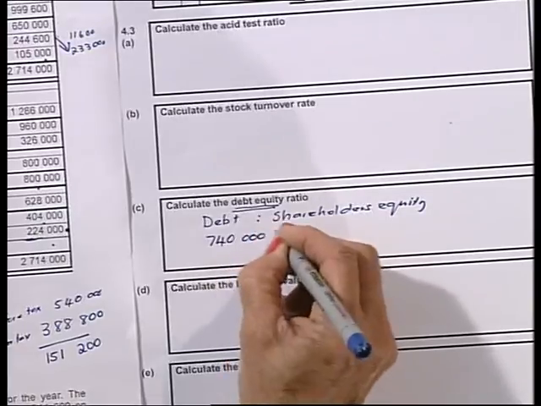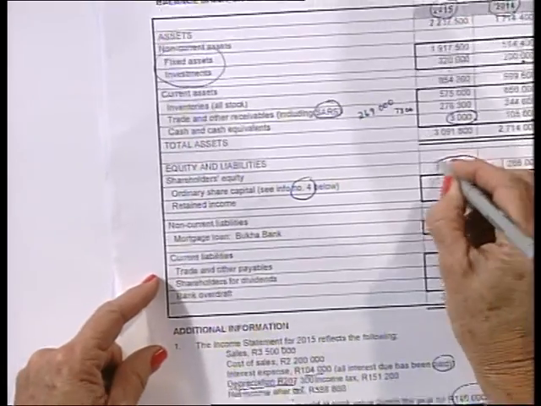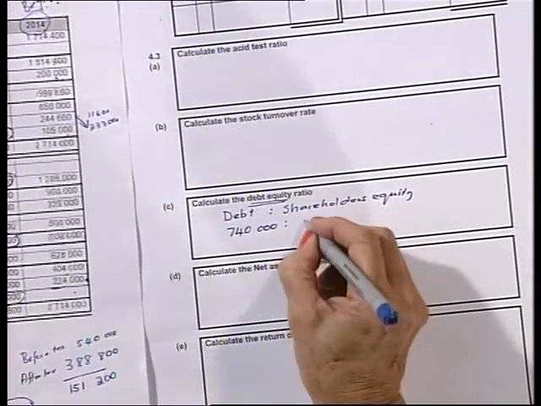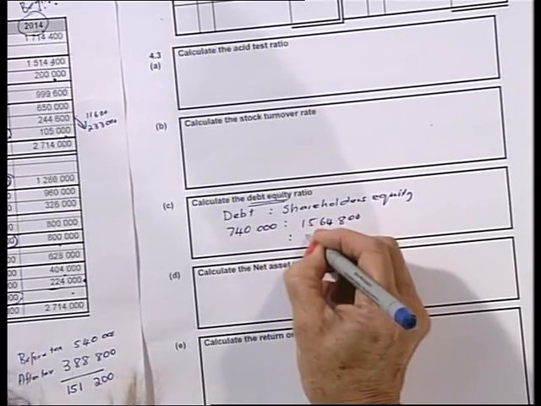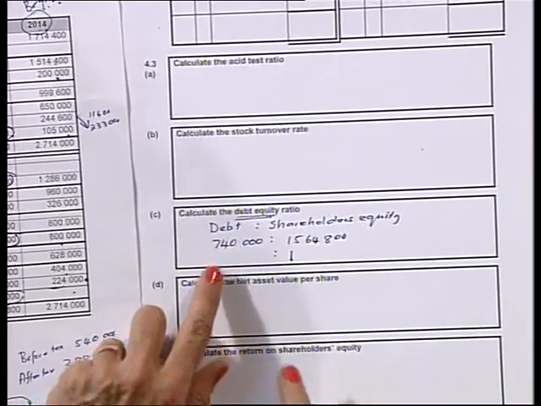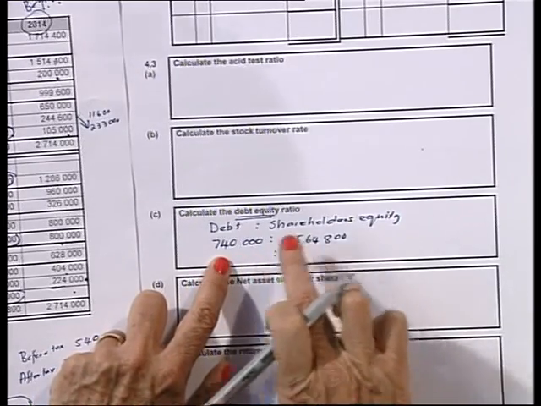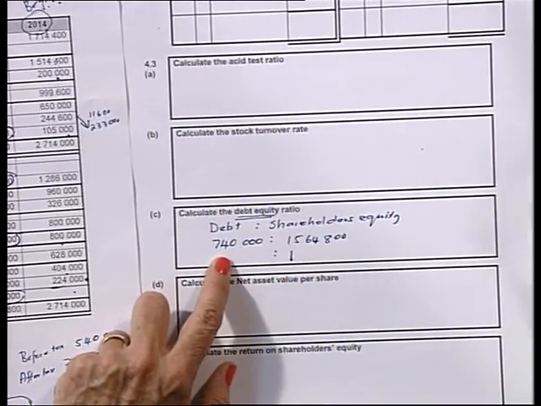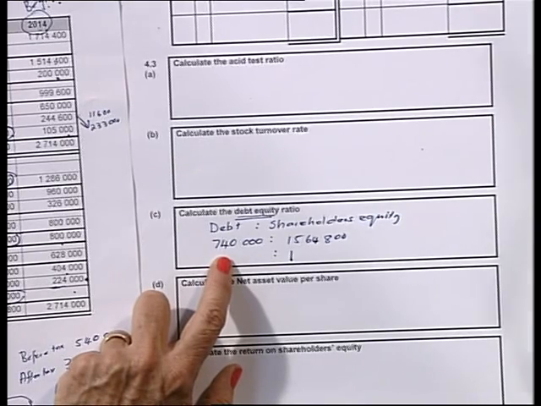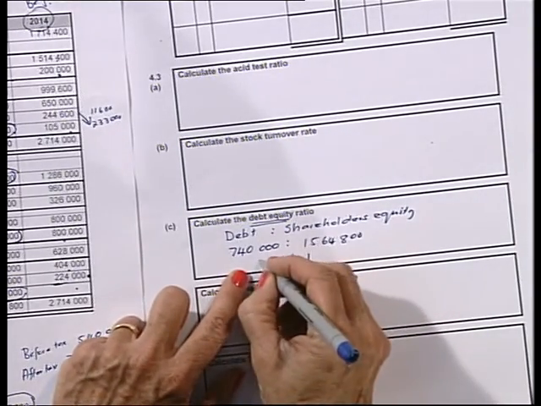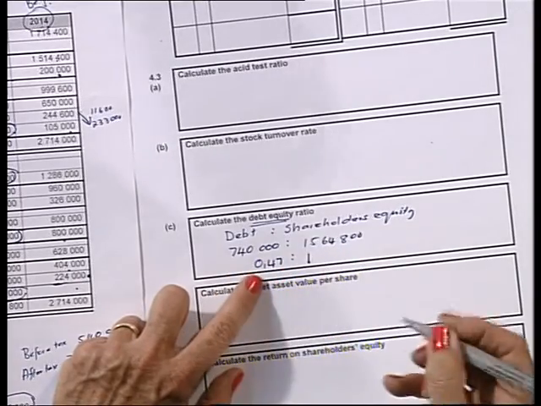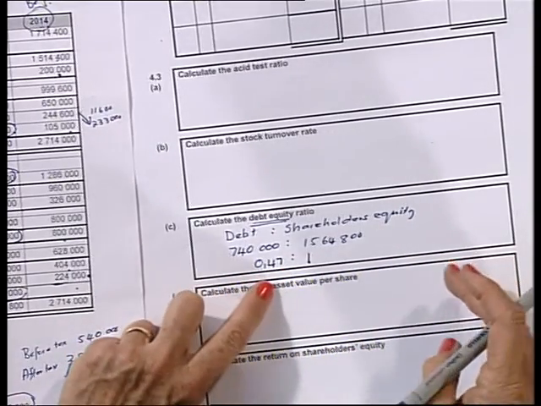Your shareholders' equity you see in the balance sheet is 1,564,800, and remember the 1 must be on this side. So it's always this amount divided by this amount. So I say 740,000 divided by 1,564,800, and I come to an answer of 0.47. And if you round it off to 1 decimal it is 0.5.